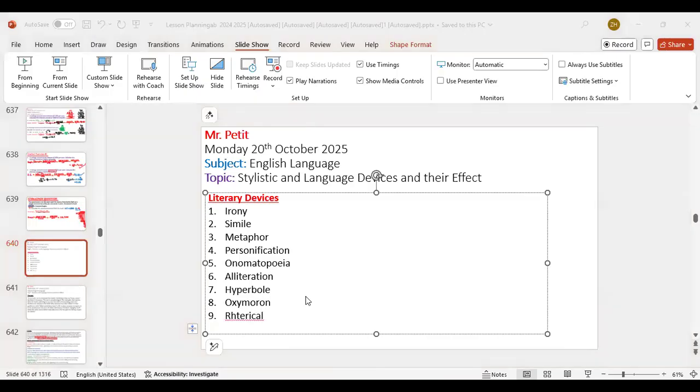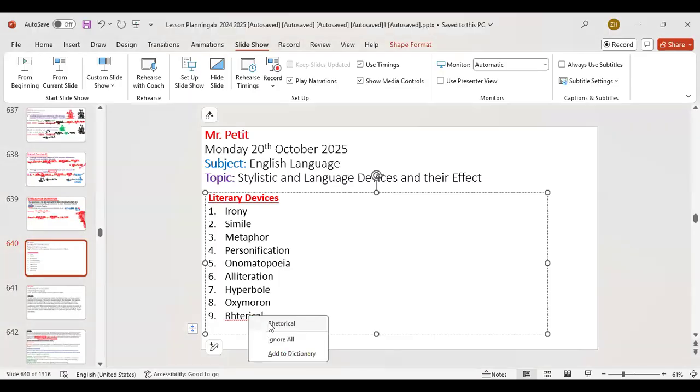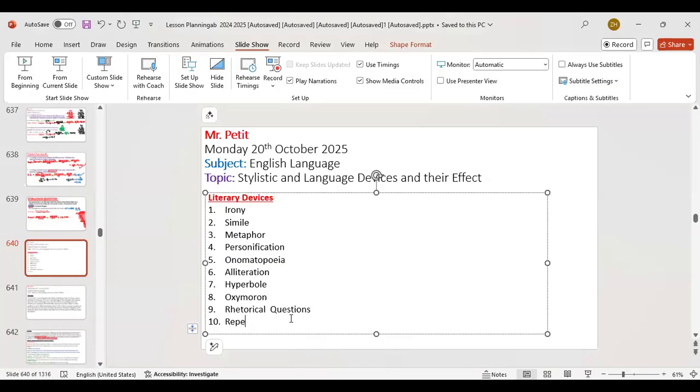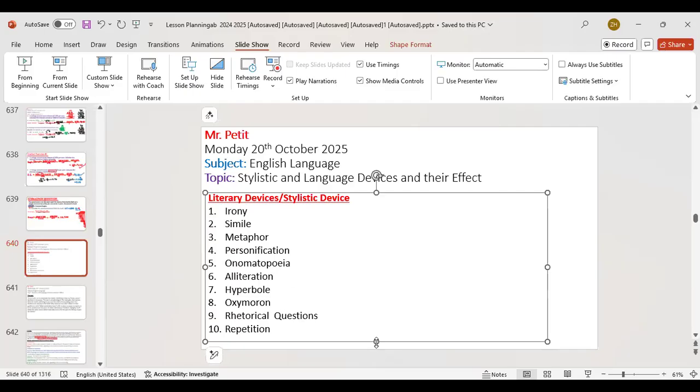Yeah, in a way. Repetition. We could call these stylistic devices. What else do we have that helps to make your writing stand out? So we have irony, simile, metaphor, personification, onomatopoeia, alliteration, hyperbole, oxymoron, rhetorical questions, repetition. What else?